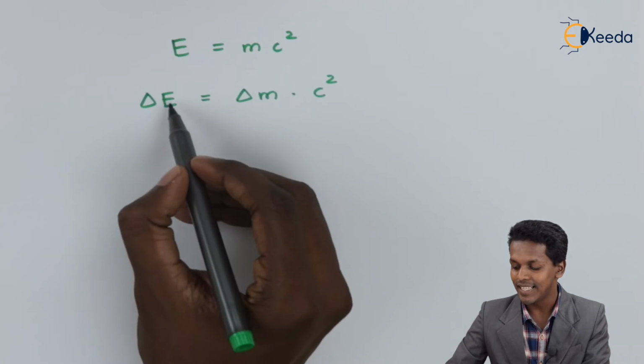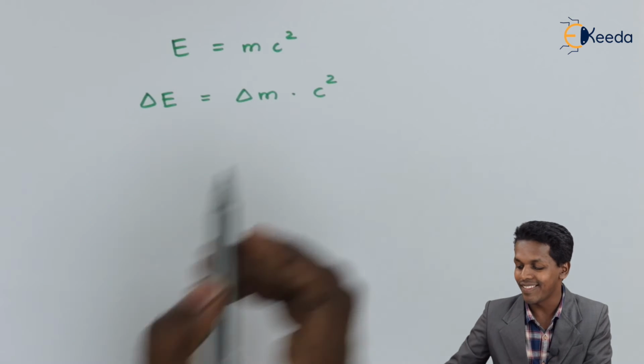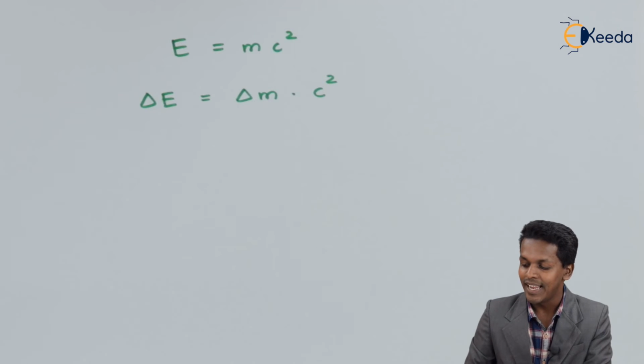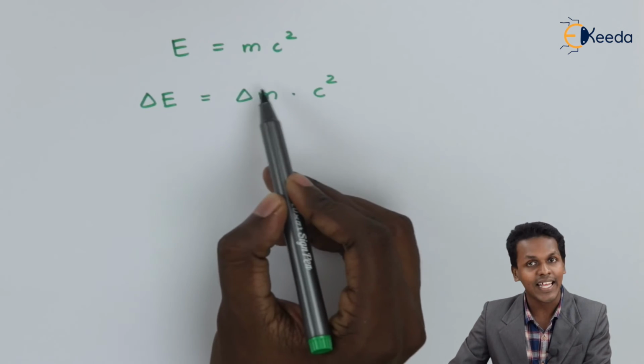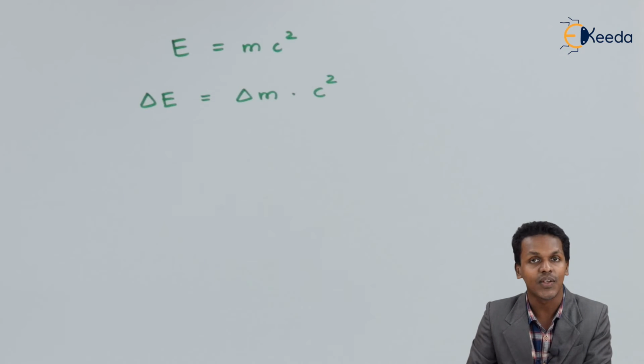So in this case delta E is nothing but the binding energy that we are talking about, and this is delta M. So for that we have the equation of delta M, and we can equate it and see what equation we get.